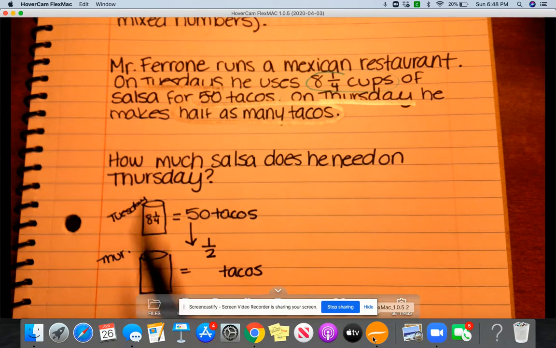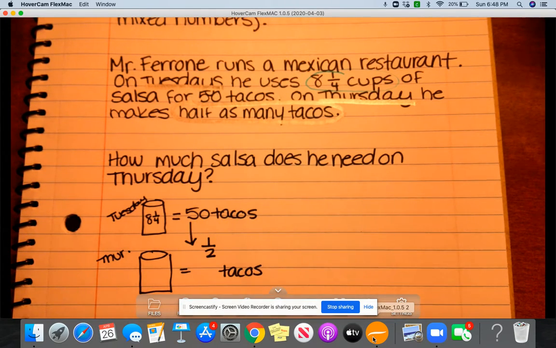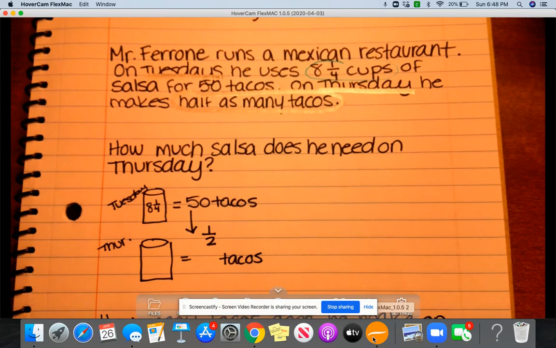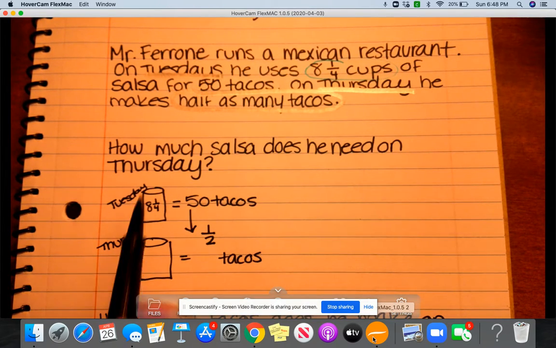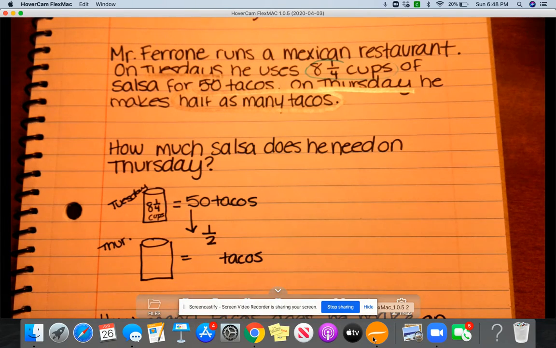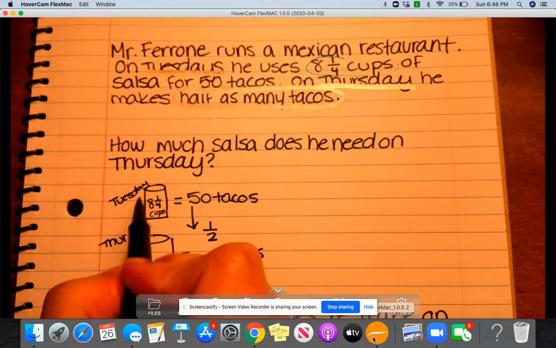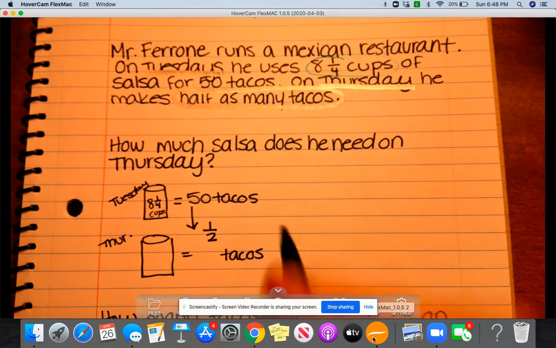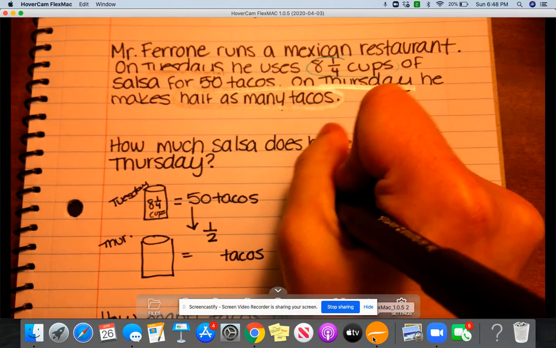So, how much salsa does he need on Thursday? So if he has 8 1/4 cups on Tuesday, makes 50, he has half that amount on Thursday. How can I write that as an equation? Well, if I'm taking this number and I'm cutting it in half, it's just like multiplying by 1/2.